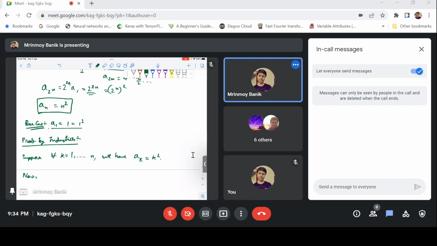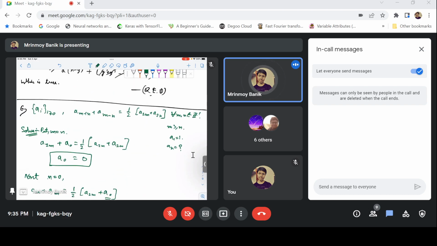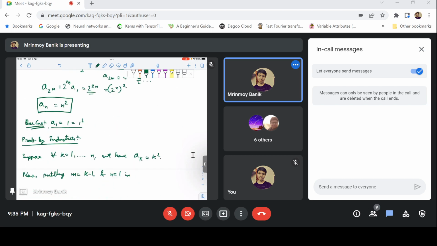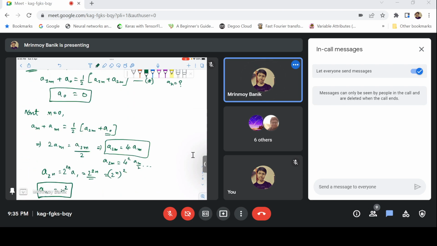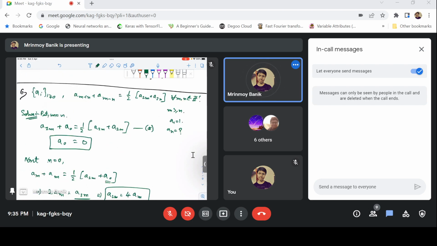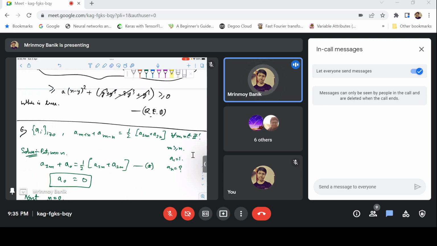Now putting m equals k minus 1 and n equals 1 in the original equation, this one.